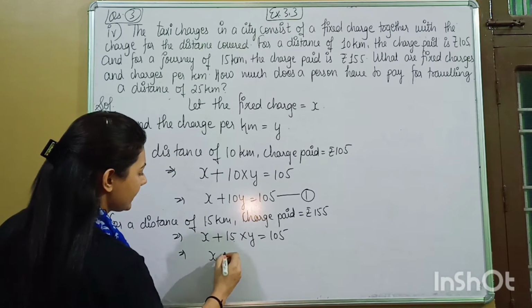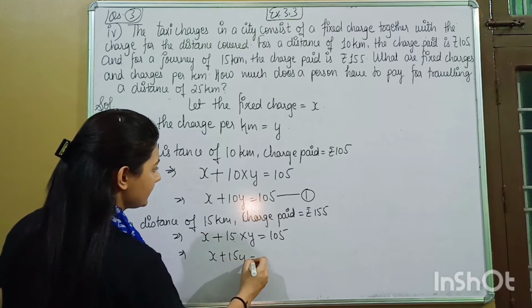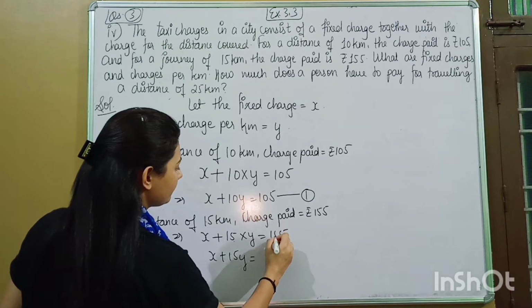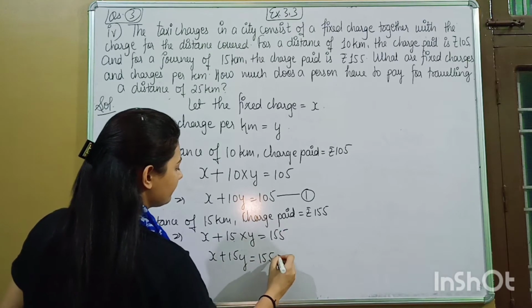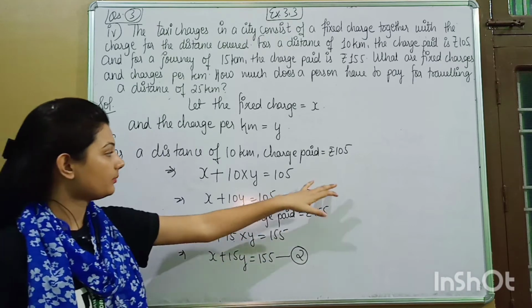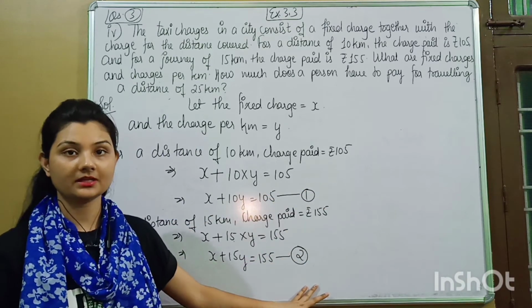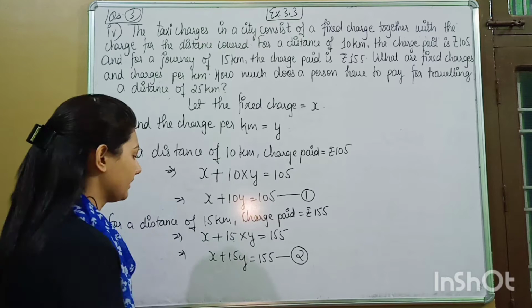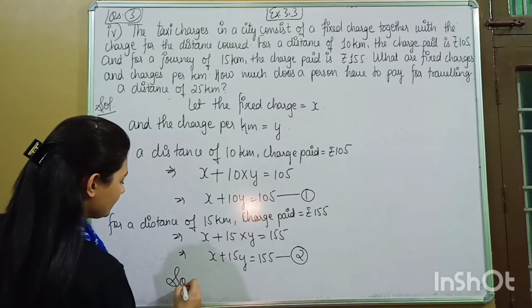So it will give us x plus 15y equals 155. So we got both the equations. Now we will solve these equations by the substitution method.